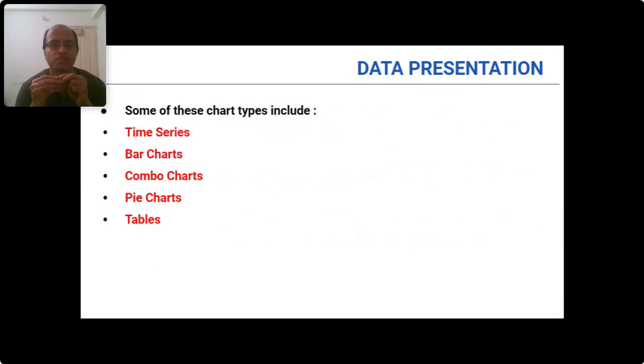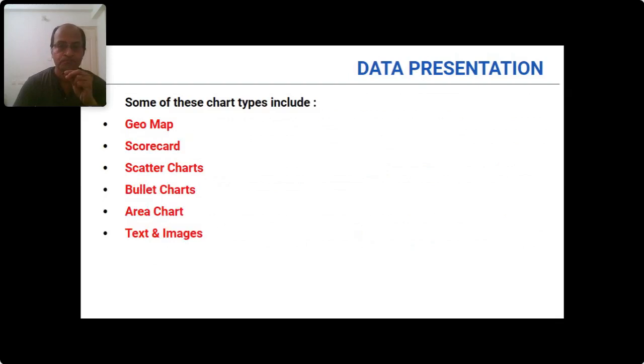Most of the participants know what bar charts and pie charts are, because they are the most commonly used versions in Excel. So you have bars which are used to represent the significance of the data. Then you have combo charts or tables which show what it is and how it is. Then you can have other forms such as geomaps, scorecards, scatter charts, bullet charts, area charts, text and images.